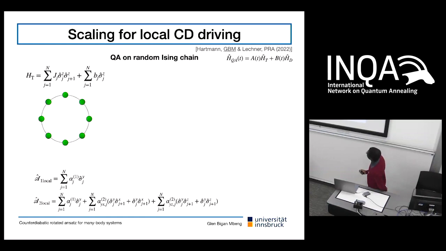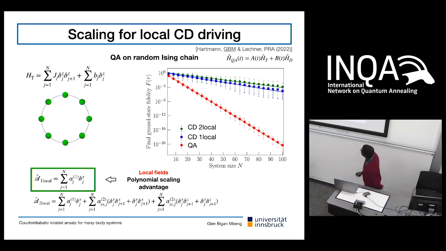We use a one-local ansatz, which is the nice one one would like to have because it's closer to what can be done in an experiment, and a two-local ansatz, which definitely has terms that are still two-body interactions, but more complicated to implement. So we can optimize this. We use the density matrix renormalization group.